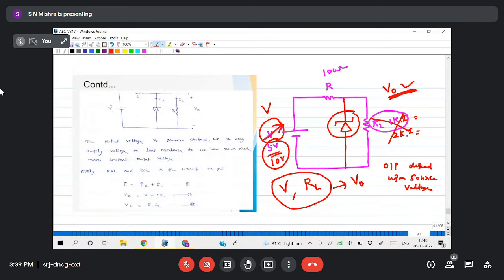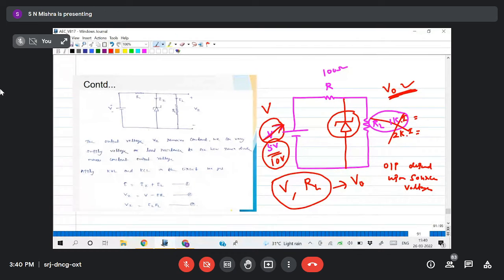Before, without connecting the Zener, I was getting different voltage if I changed the source voltage or load resistance. Now if I connect the Zener in parallel to the load with reverse bias, then even if you change the source voltage or load resistance, the output voltage will remain the same. Can I say that due to this Zener I am getting constant voltage?